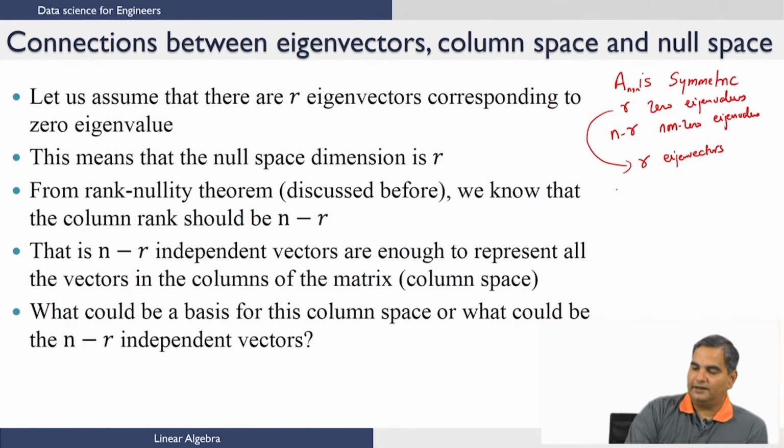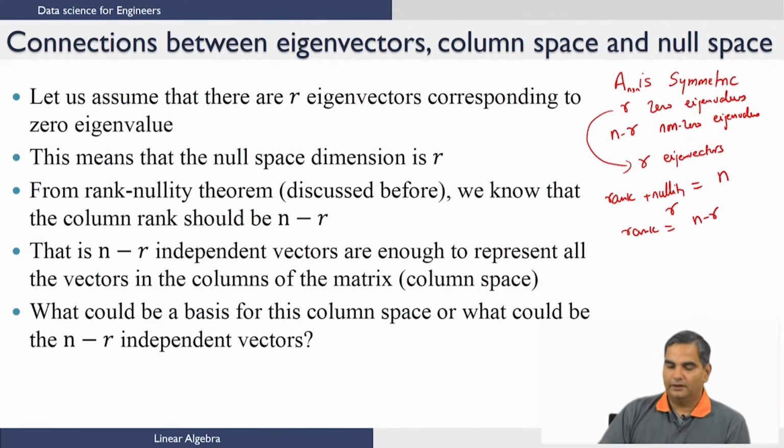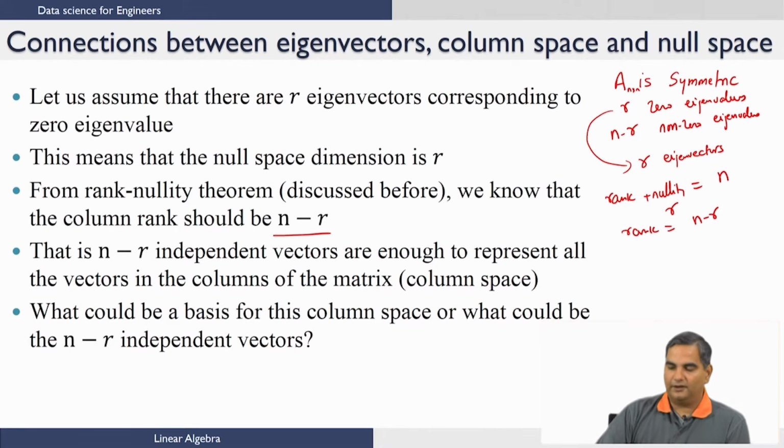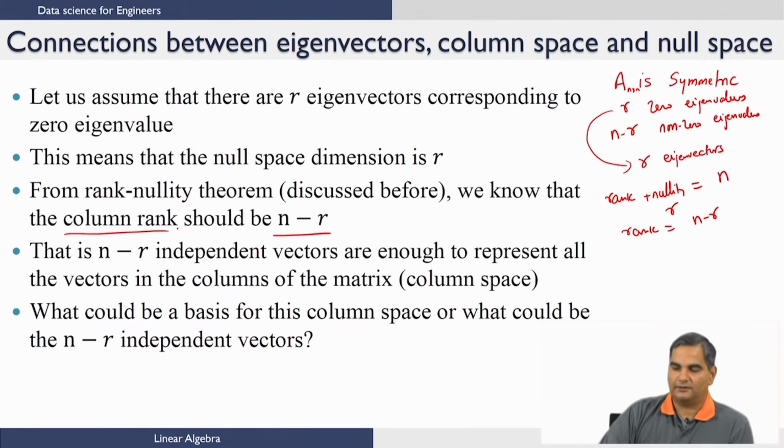And from the rank nullity theorem we know that rank plus nullity is equal to the number of columns, in this case n. Since there are R eigenvectors in the null space, nullity is R. So, the rank of the matrix has to be equal to n minus R. Further, we know that column rank is equal to row rank, and since the rank of the matrix is n minus R, the column rank also has to be n minus R.